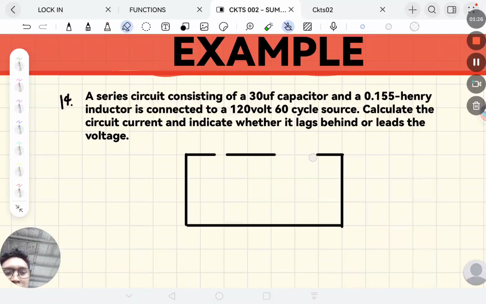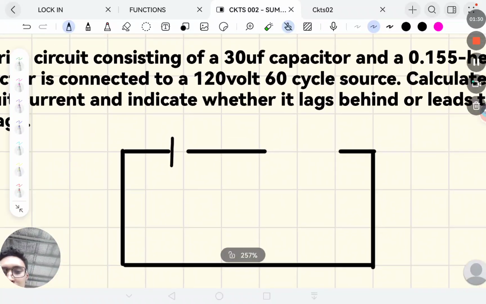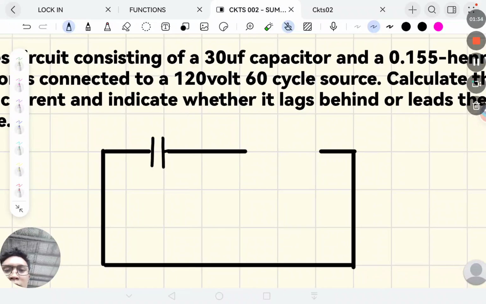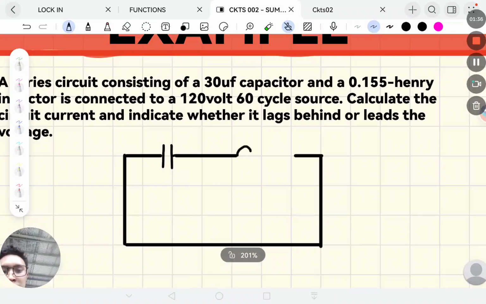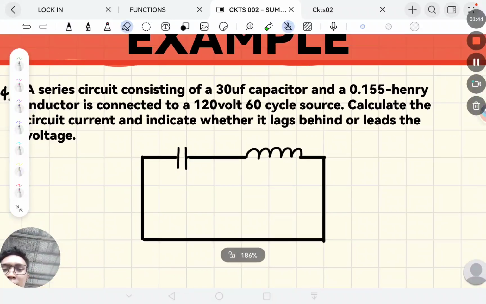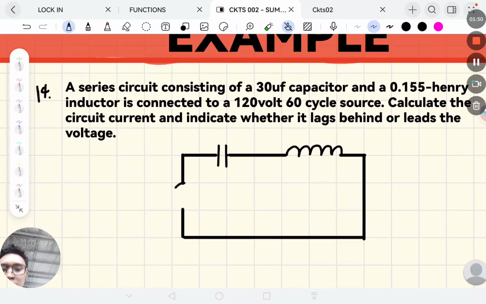Tapos, meron daw siyang capacitor. Naka-series daw yung capacitor. And yung inductor. Tapos, yung voltage daw niya. Naka-series lang din.